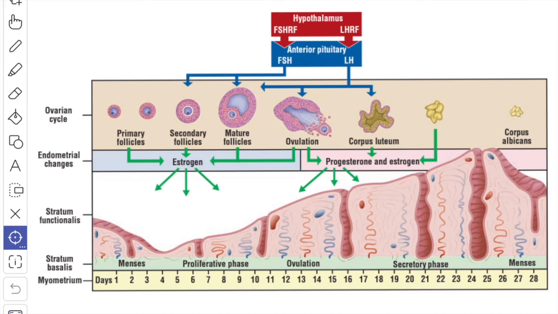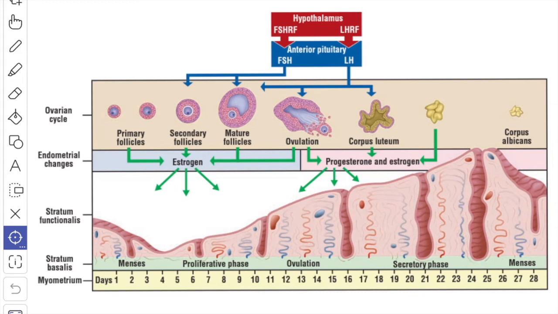Then there is an increase in the size of the stromal cells due to the accumulation of glycogen and lipid droplets in their cytoplasm, and this change in the stromal cell is called the decidual reaction, which is more pronounced during pregnancy.